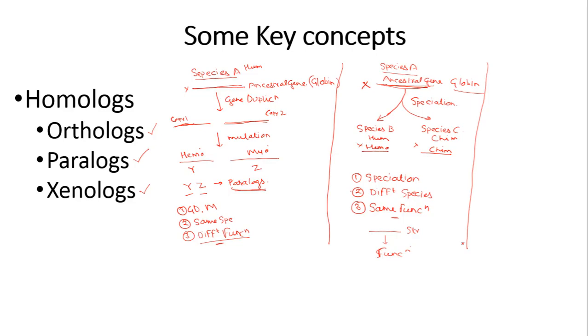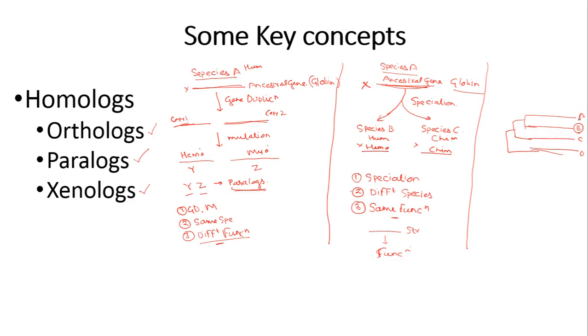Good. And the third type of homologs that sometimes appear are xenologs. ओके, तो वेल ये एक्सप्लेन करने के लिए, say for example, if you have multiple species that you are comparing, species A, species B, species C, species D, and if these species are somehow related like this, this is the phylogram of, say, these species. Sometimes you might end up finding certain genes in this species B, and these genes are not present in its sister taxa.